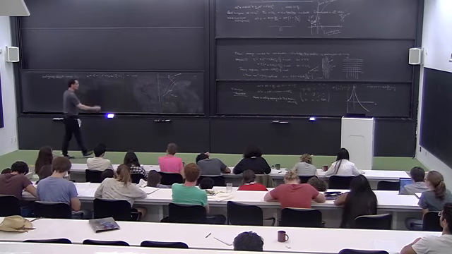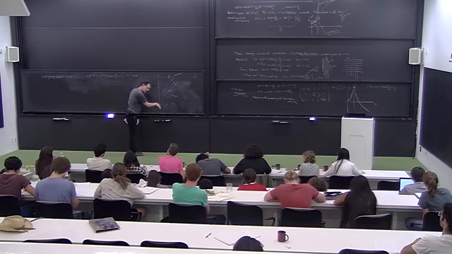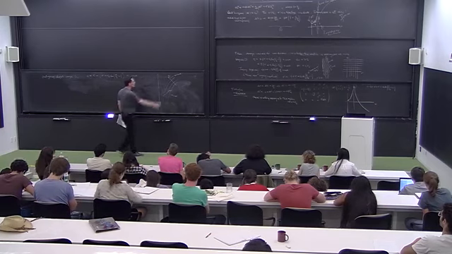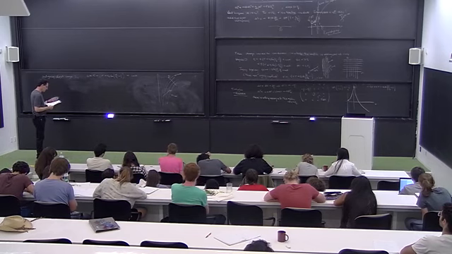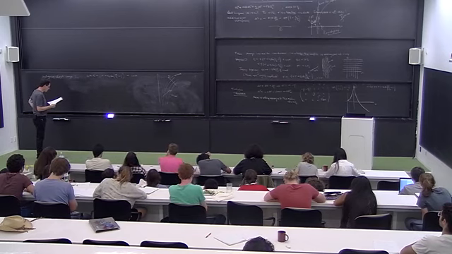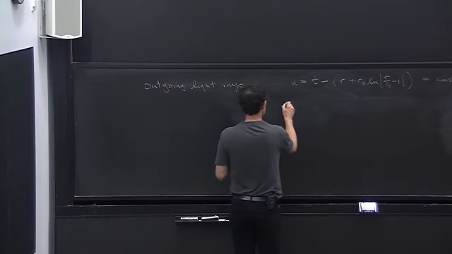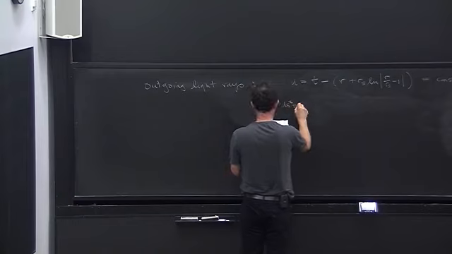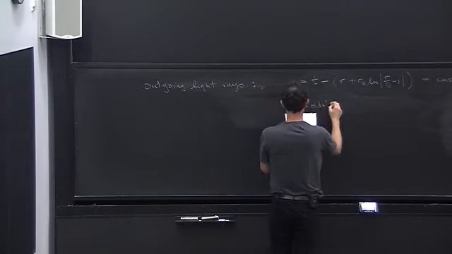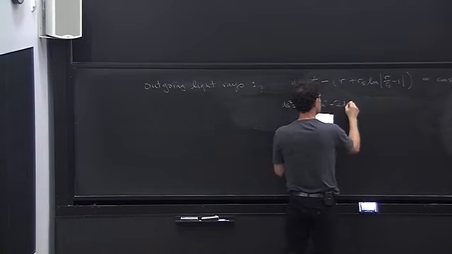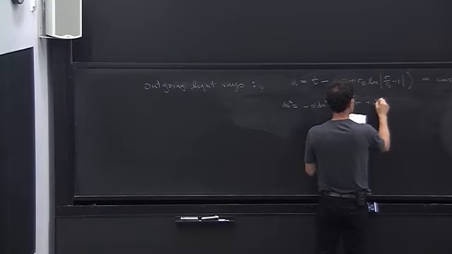So an outgoing null ray kind of has the reverse singularity. It has to have come from t of minus infinity, and then it eventually flies outwards at a slope of 45 degrees. If I did this, you can calculate that ds squared is minus alpha du squared minus 2 du dr plus r squared d omega squared.